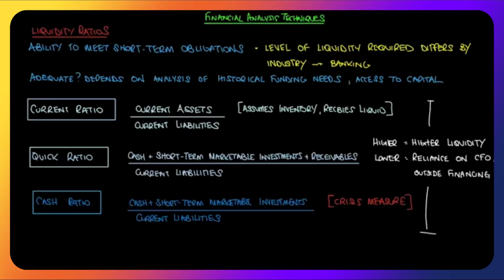Three ratios to look at, all fairly straightforward. The current ratio could not be easier to remember. It's all about current stuff, current assets on the top, current liabilities on the bottom. There might be lots of prepayments and accruals and things like that floating around in these two, but essentially what you're looking at here is inventory, receivables, cash. Because we're including inventory and receivables, the assumption here is that they are liquid.